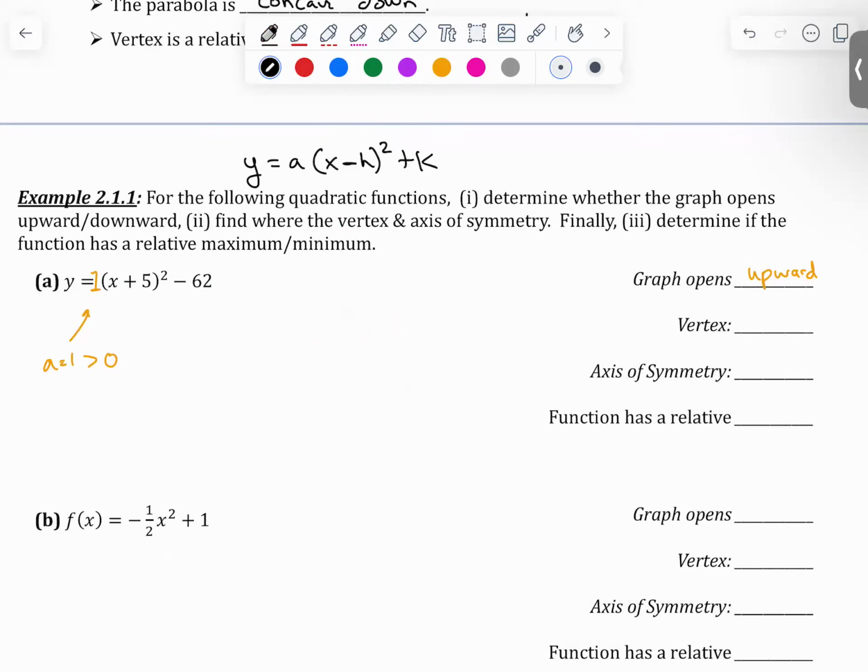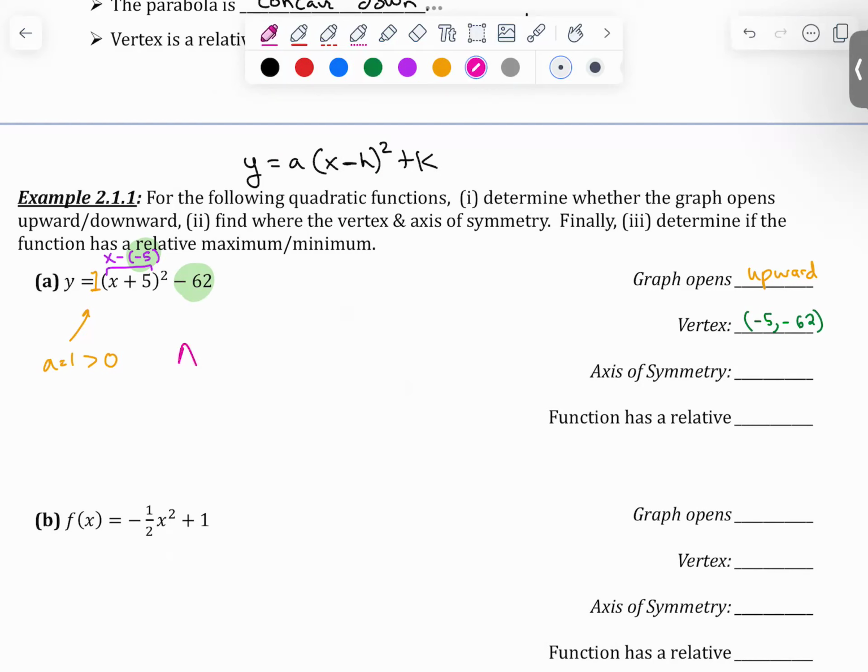The problem here is that this is not in that format. So we have to rewrite this as x minus a negative 5. And therefore, we can highlight this and this to give us our h comma k. Our vertex is negative 5 comma negative 62.